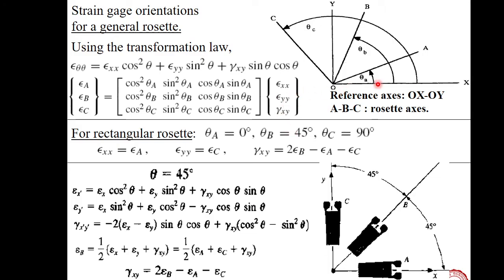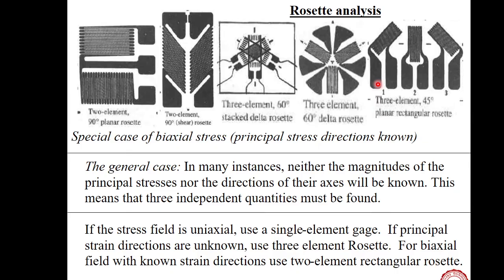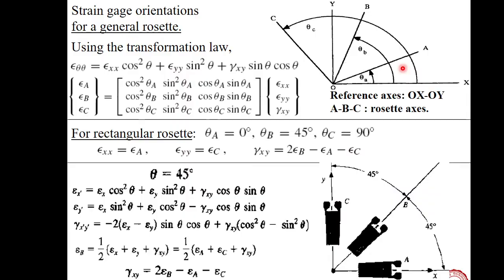In general, there are three angles for these rosettes. They are named A, B and C, and their relative angles with some assumed x-axis are theta A, theta B, theta C. On the specimen, we can always take an x, y frame, depending on the geometry of the object.